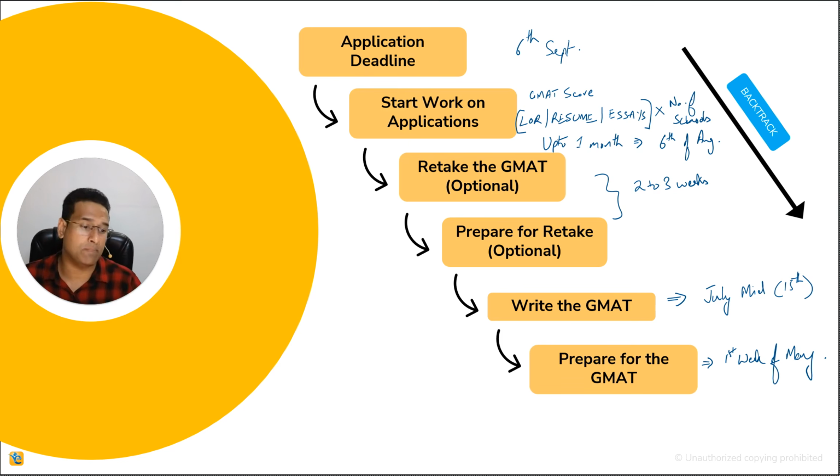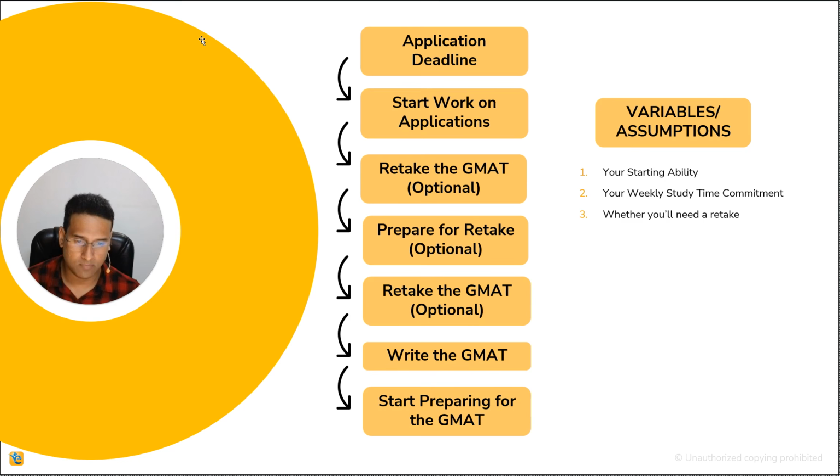So this is how we backtrack and arrive at the start date of our preparation and the tentative date that we need to write the GMAT, by first figuring out the B schools we're applying to, their application deadlines, and then working backwards by factoring things like application time, retake time, and prep time for the GMAT.